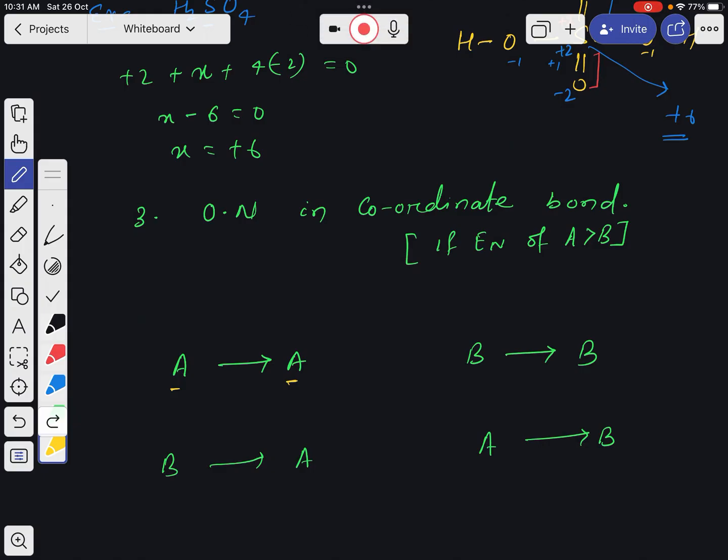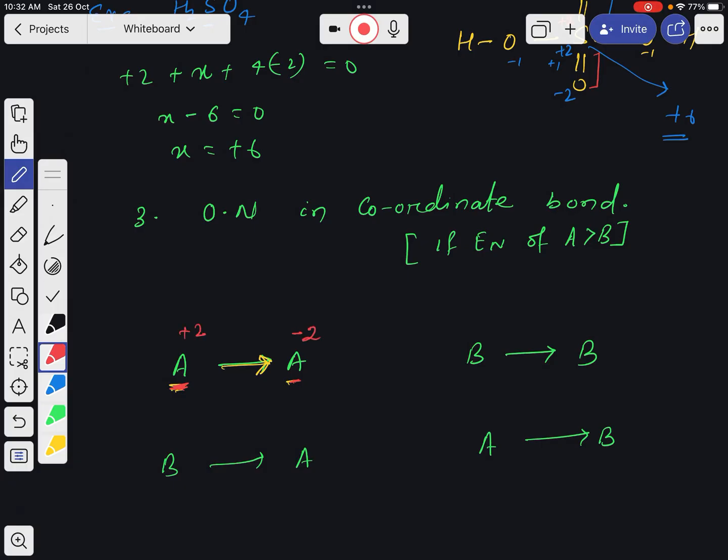In covalent bond there is no electronegativity difference, then you can write the oxidation number is 0. This is a coordinate bond, this is the arrow mark. Okay, in this case the electron pair is given by this A to this A, and the electron pair again by this A. So this A gets minus 2 and this A gets plus 2.